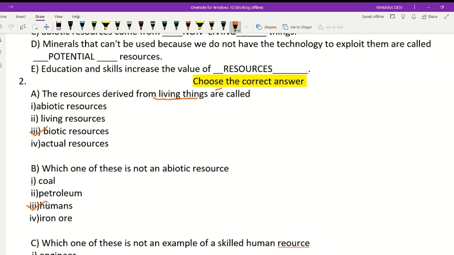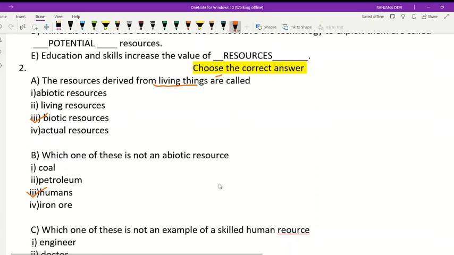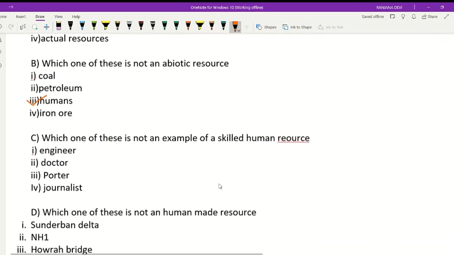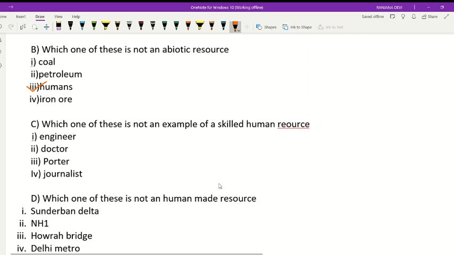But humans are biotic. So humans is the correct answer. Next, which one of these is not an example of a skilled human resource? As we know, an engineer is a skilled person, a doctor is skilled, and a journalist is also skilled, but potters are not skilled. So that's why option third.